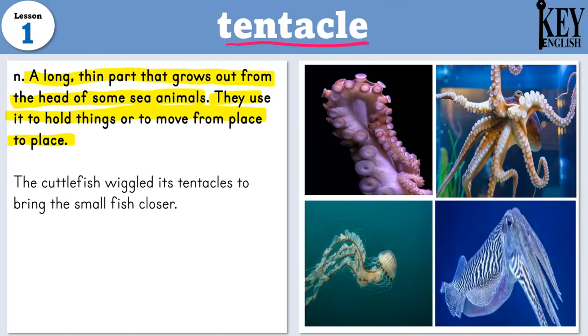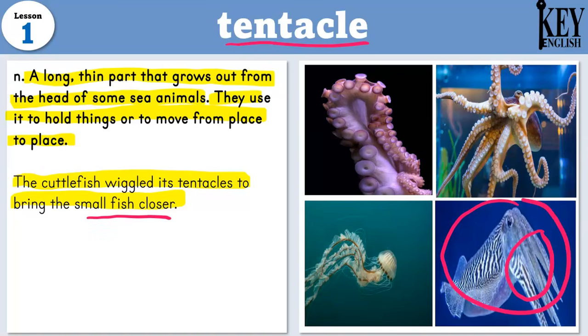For example, the cuttlefish wiggled its tentacles to bring the small fish closer. So this animal here is a cuttlefish, and it also has tentacles here coming out from its head. And it uses those tentacles to bring fish closer to its mouth. Another animal you may know is a jellyfish.